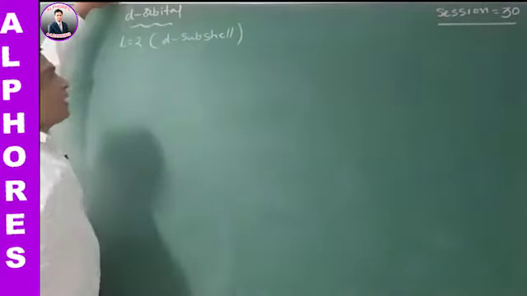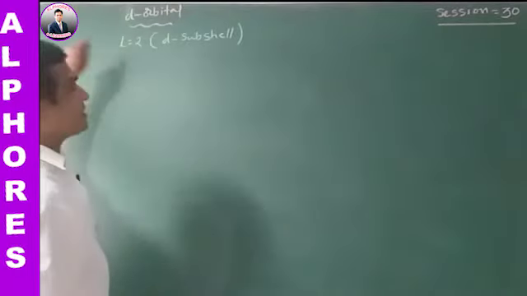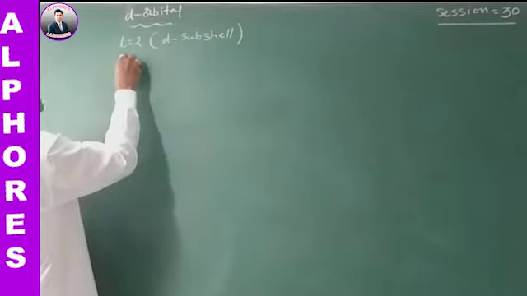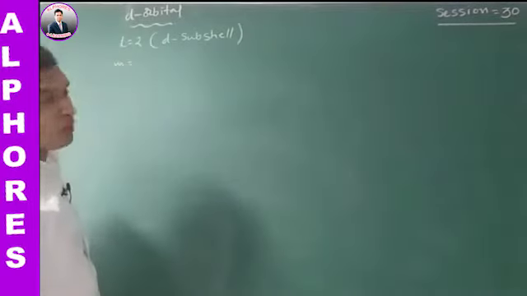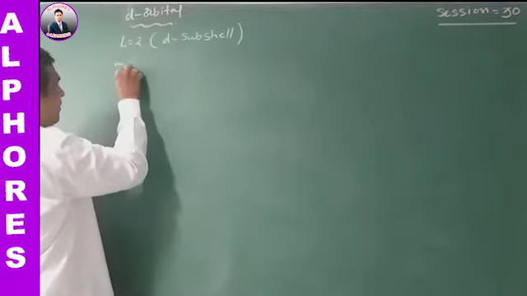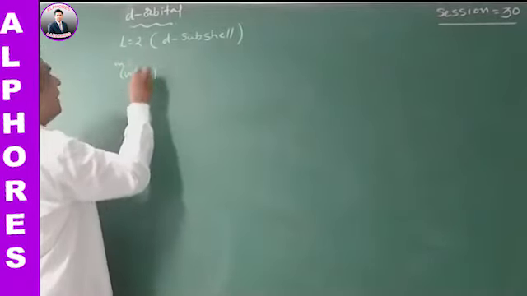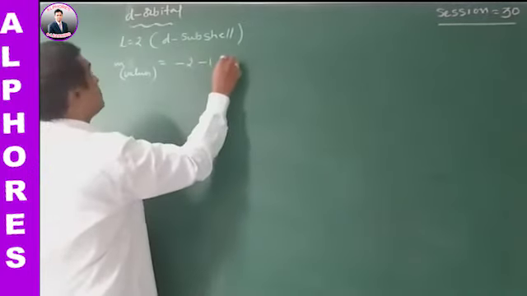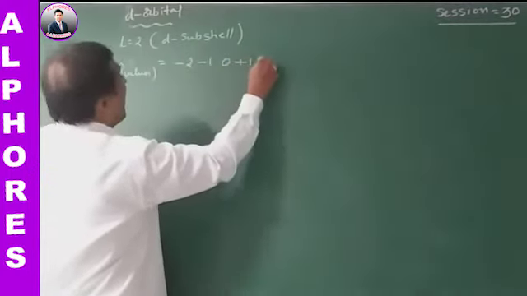The possible orientation values for L equals 2, that means the magnetic quantum number m values, are equal to -2, -1, 0, +1 and +2.